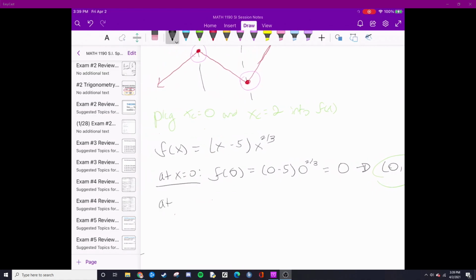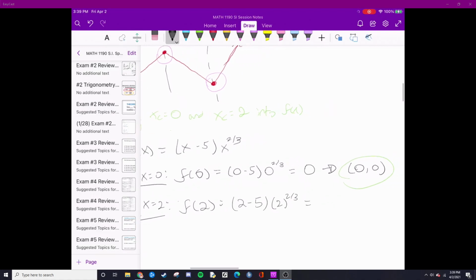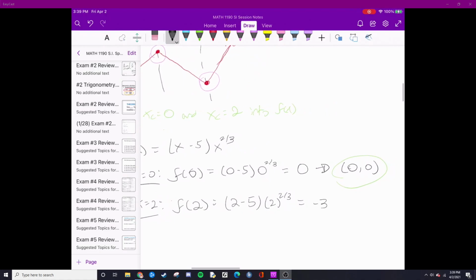And then we have at x equals 2, f of 2, we plug in 2 for wherever we see an x. We have 2 minus 5, which is going to be negative 3. And then we also have that 2 raised to the 2/3 power. So we can square that 2 to get a positive 4 raised to the 1/3 power.